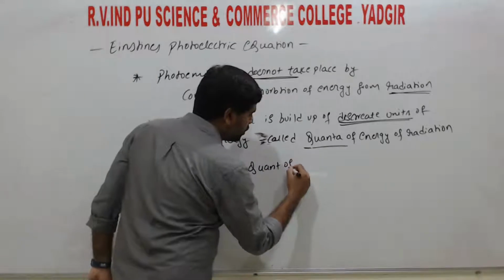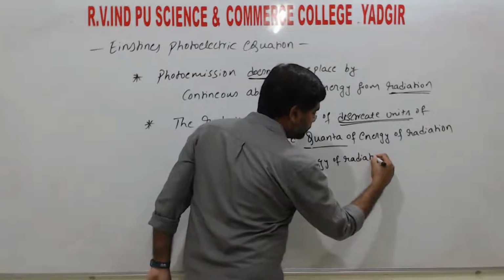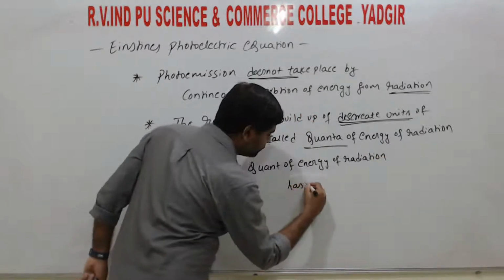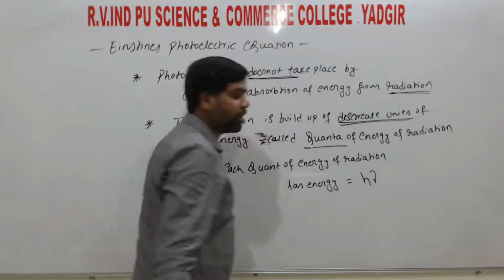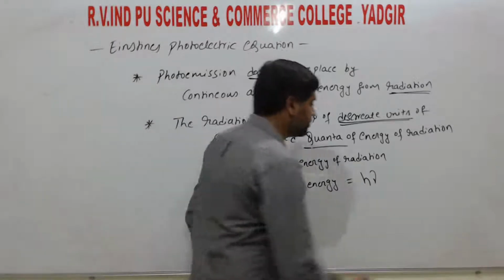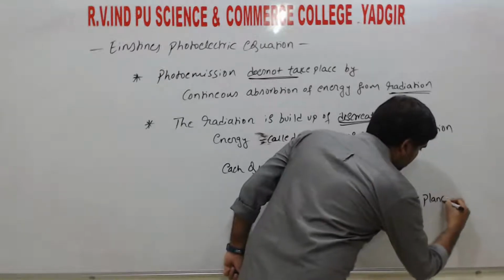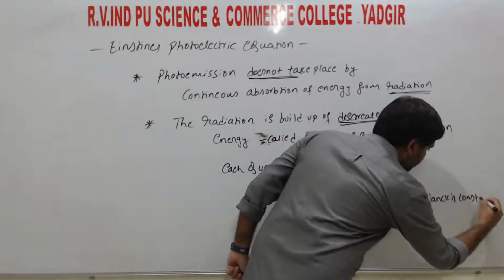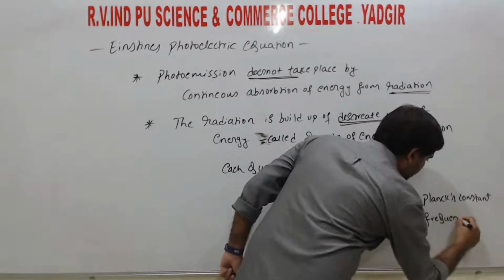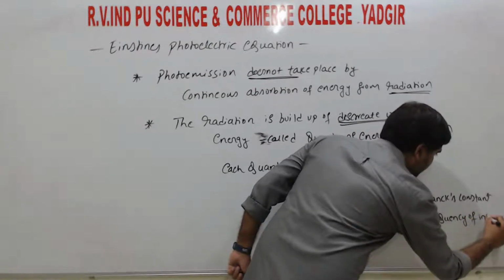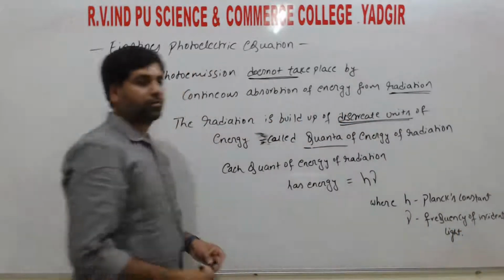Each quanta of energy of radiation has energy equal to h nu, where nu is the frequency of the incident light and h is called Planck's constant, right?